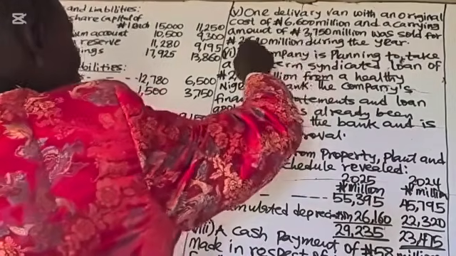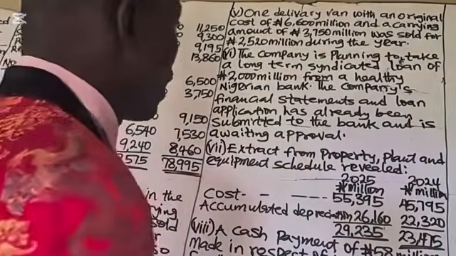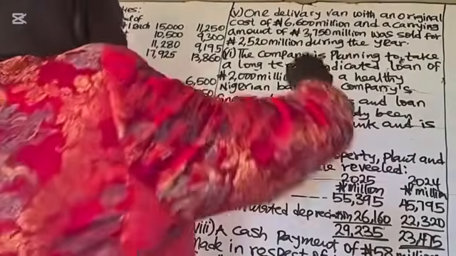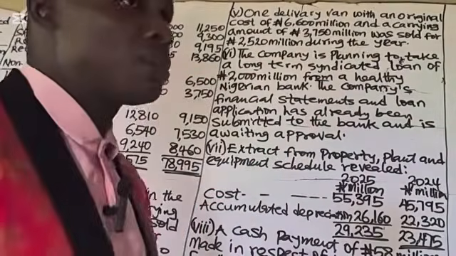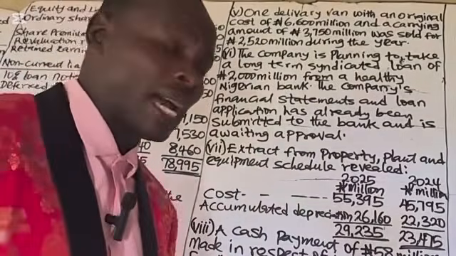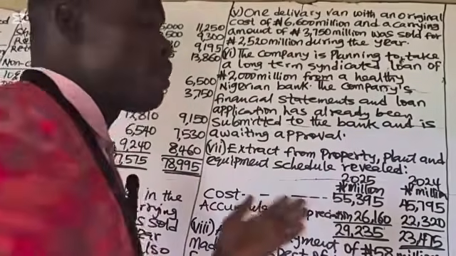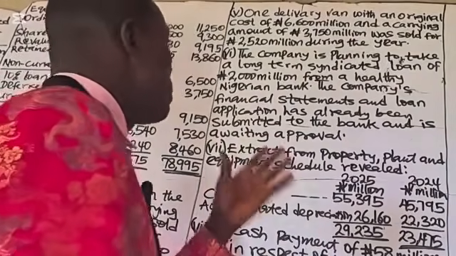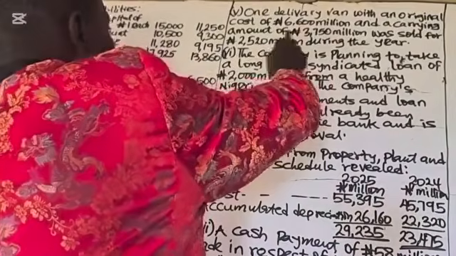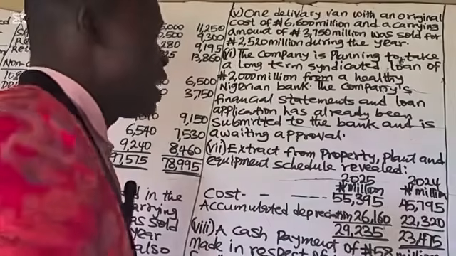The excess of carrying amount over the proceed is a loss from disposal of delivery van. So we will need to calculate the loss on disposal of delivery van. The loss will have led to reduction in the profit before tax. Because of that, we will add it back, since the profit before tax has been reduced by the amount of the loss from disposal. And that loss will be the difference between the carrying amount and the proceeds of 2,520 million naira.